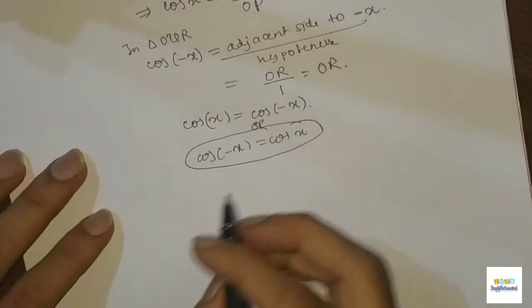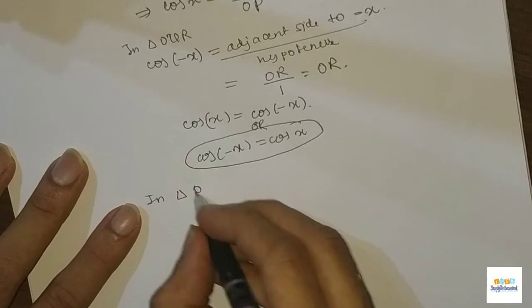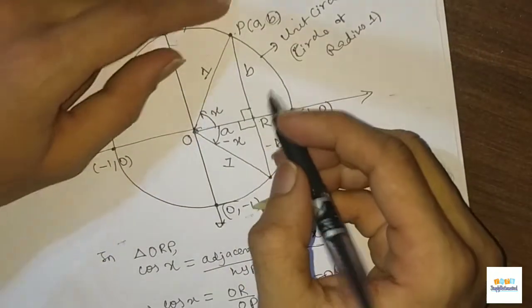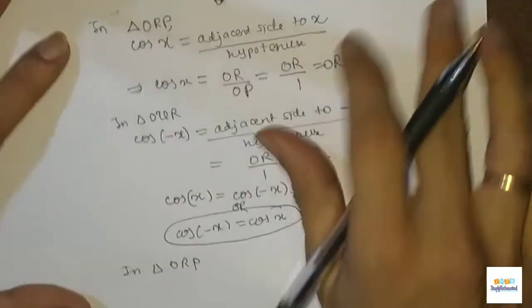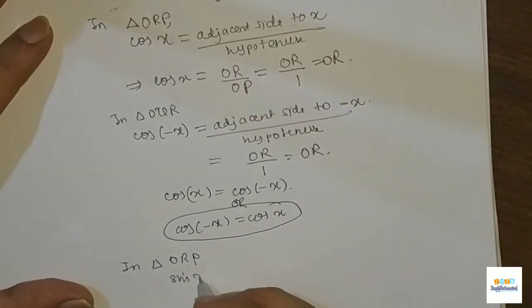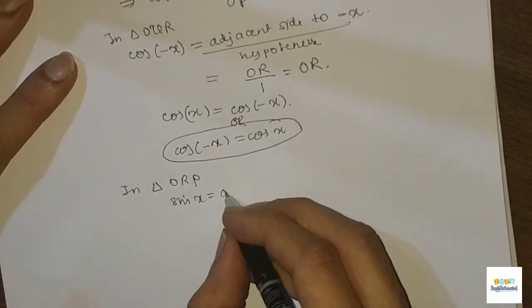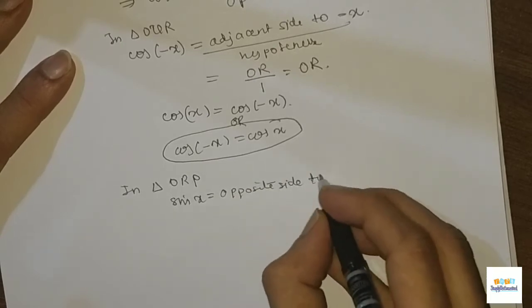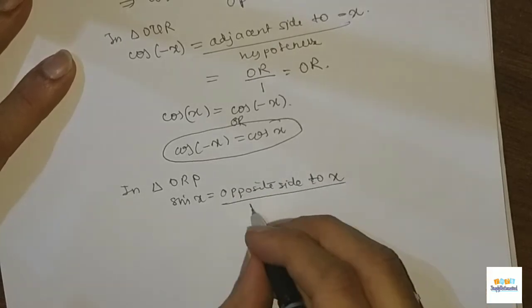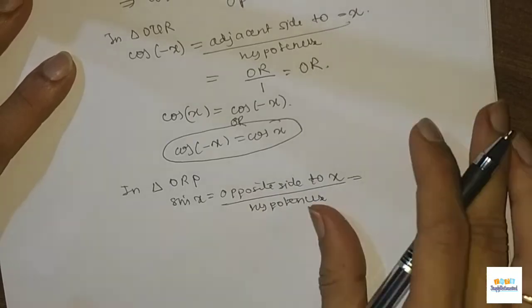Now let us look at sin x. Again you take the triangle ORP. What will be sin x? Sin x is the opposite side to x divided by the hypotenuse.